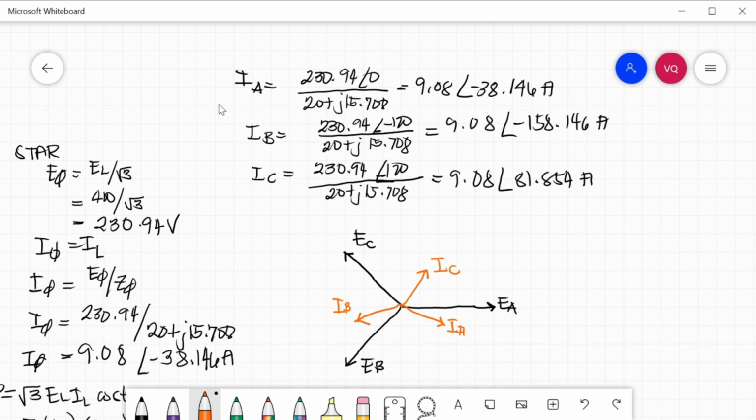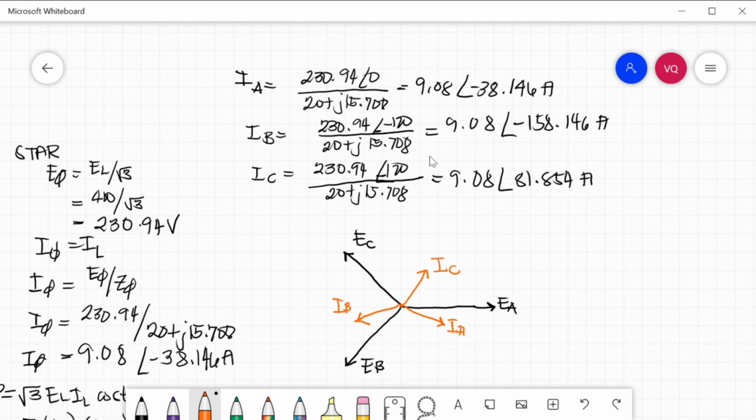Next one, phase B: 230.94 angle negative 120, divided by the impedance, equal to 9.08 angle negative 158.146 amperes. IC: 230.94 angle 120 divided by the impedance, equal to 9.08 angle 81.854 amperes.